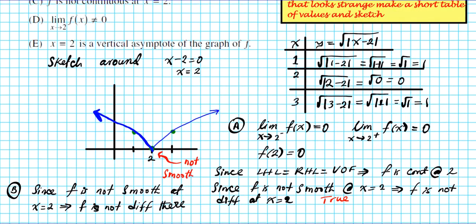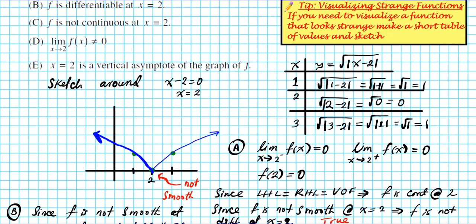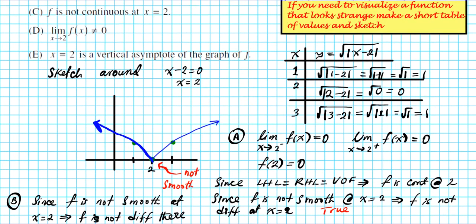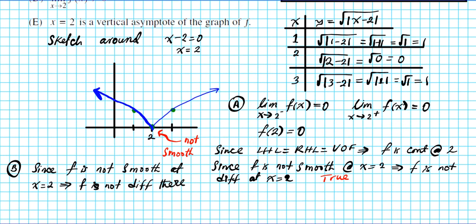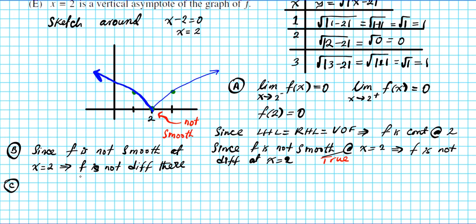Okay, option C, it says f is not continuous at x equals 2. So we're looking at continuity. Now, how do you know if a function is continuous? We talked about that in part A. So we look at the left-hand limit, the right-hand limit, and the value of the function. If they're all the same, then the function is continuous. So what did we conclude or arrive at in part A?